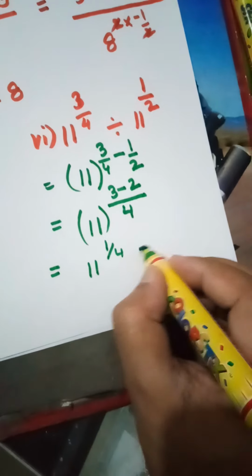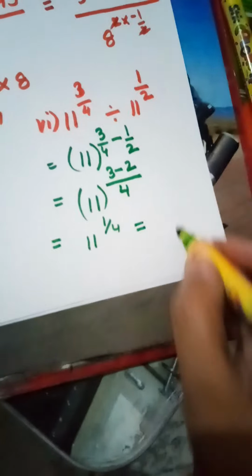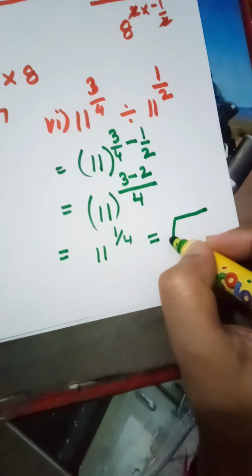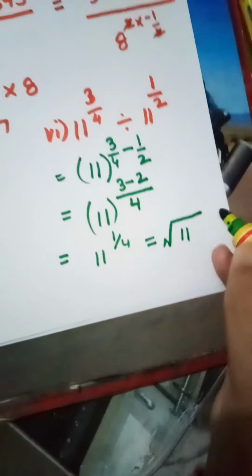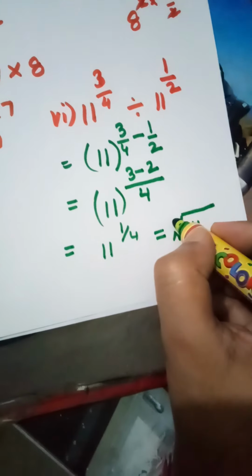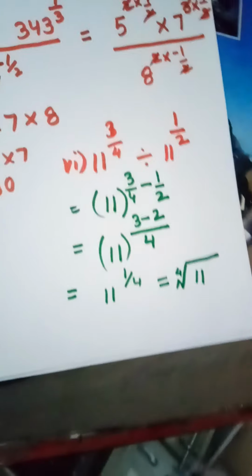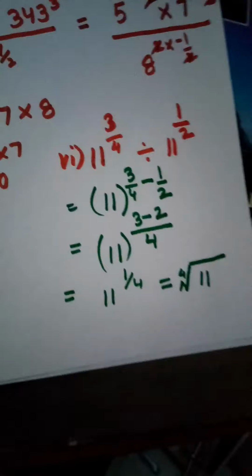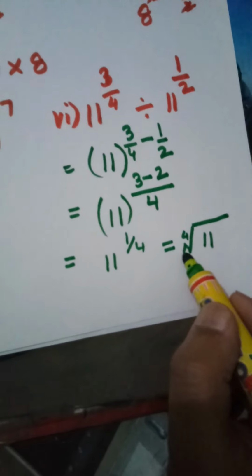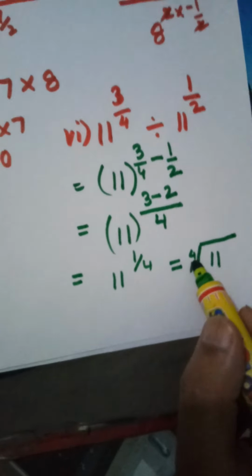And as I told you earlier, how can we write it in root form only? Now it can be written like this: 11, and the root represents power as half, but we have here 1 upon 4, so we can write 4 here. Just like the cube root, you used to write 3 here, for the fourth root we can write 4 here.